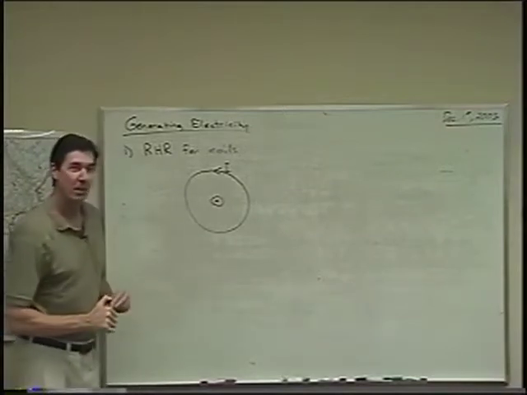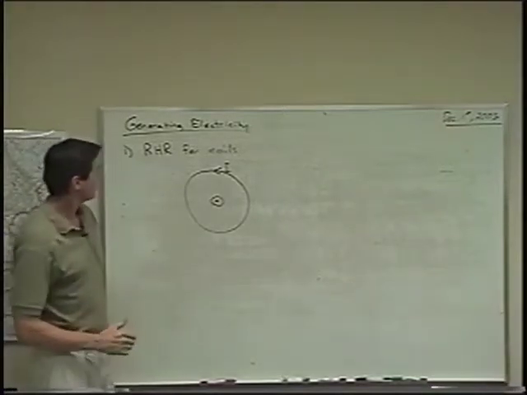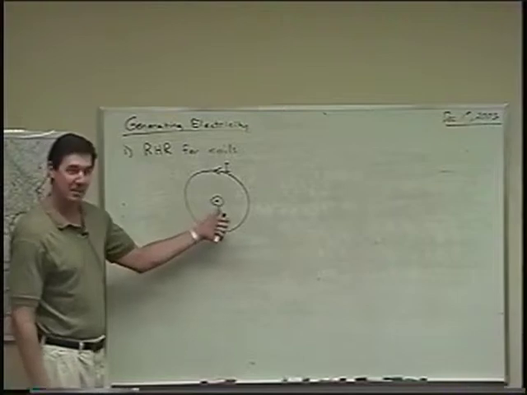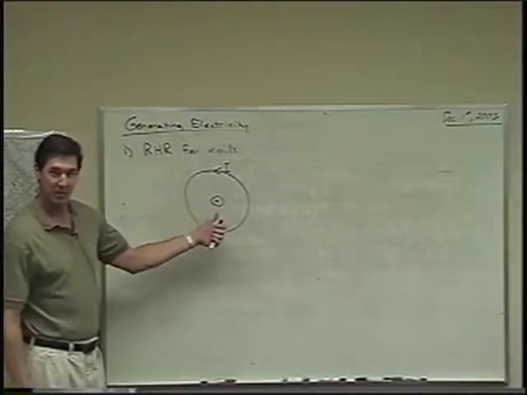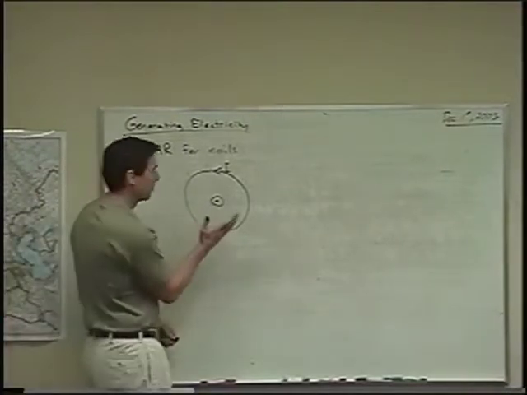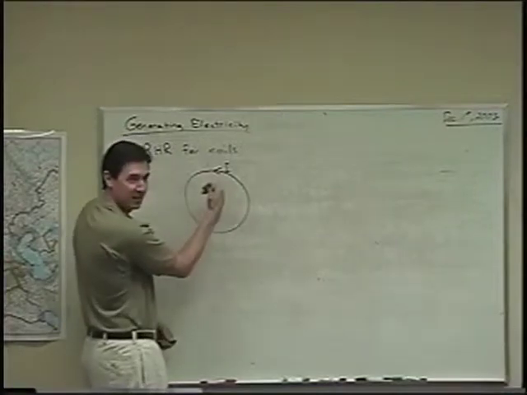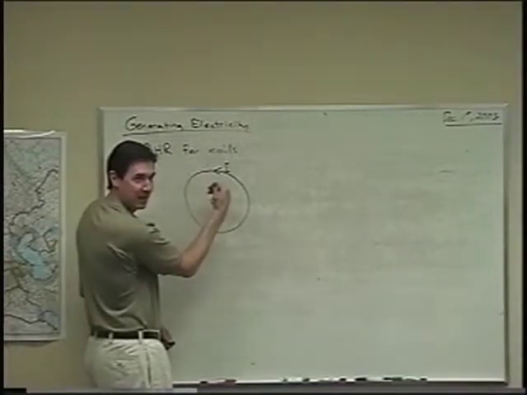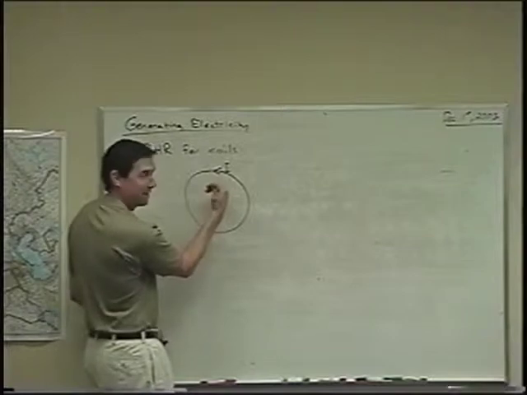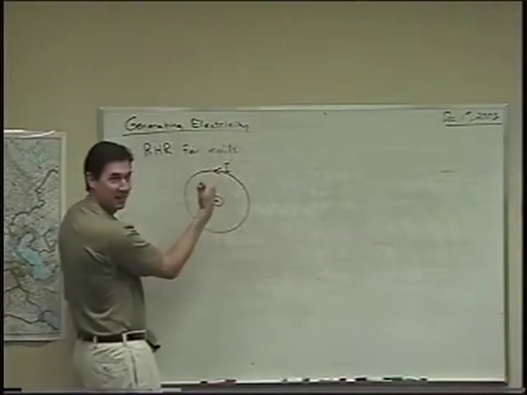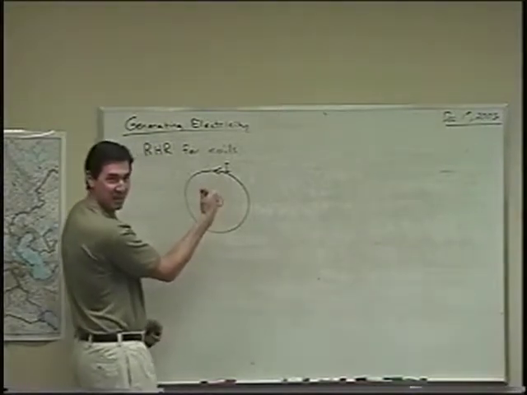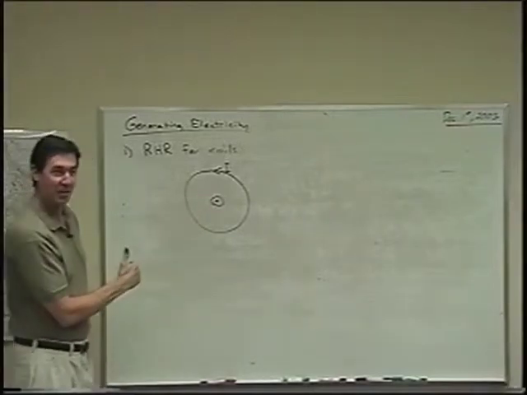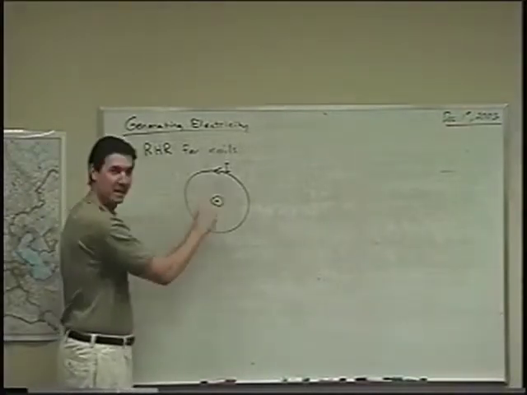Now, notice that we could have gotten that same answer by doing something else. What if we just put our fingers in the direction of the current? Then your thumb points in the direction of the magnetic field created by that current.